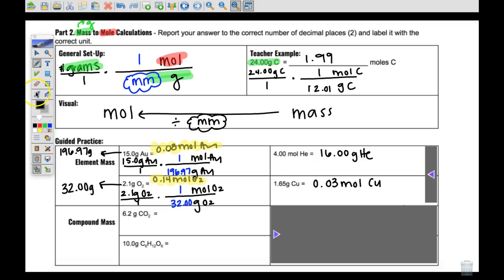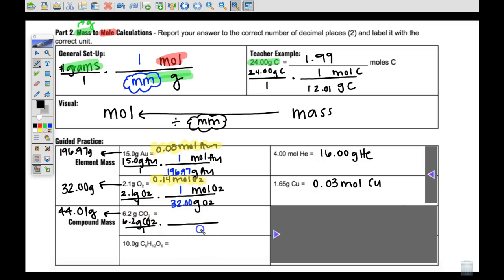Now we're going to do mass to mole calculations or conversions for compounds. So just like before, we have to find the molar mass of the compound before we start. Luckily, we used this in part 1 and the molar mass doesn't change, so it's still 44.01 grams. My first step is that I have to write my given, which is 6.2 grams of CO2 over 1. Then my next step is to draw the next chunk.